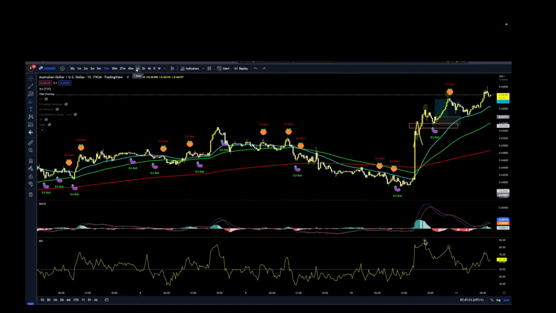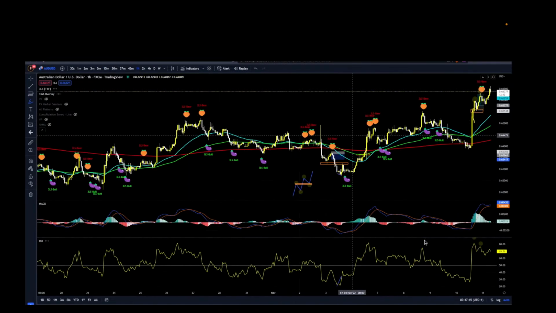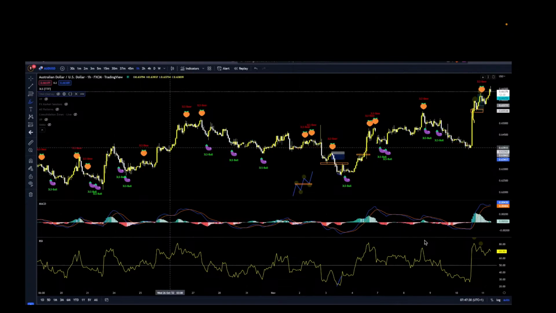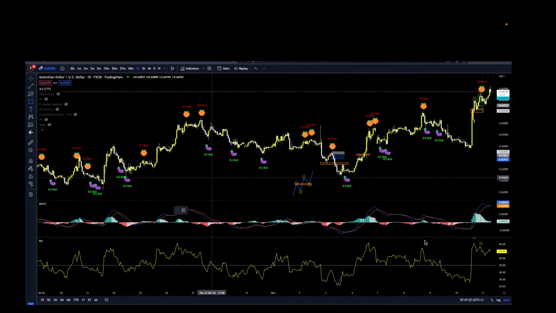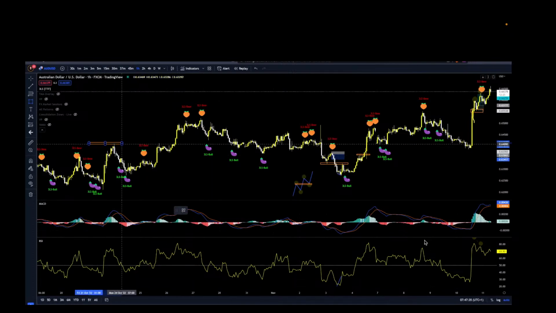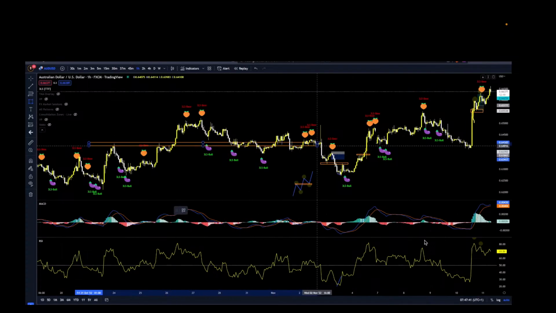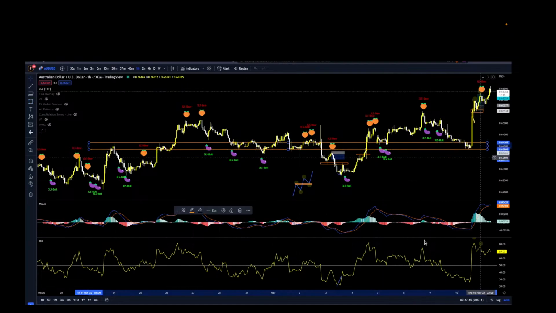If you want to actually mark up support and resistance levels, what you want to do is go on a higher time frame. So for example, you can see clearly on a 1 hour time frame that we had one rejection here, another rejection here, and then as price came back to this zone, it kept rejecting off of these areas.